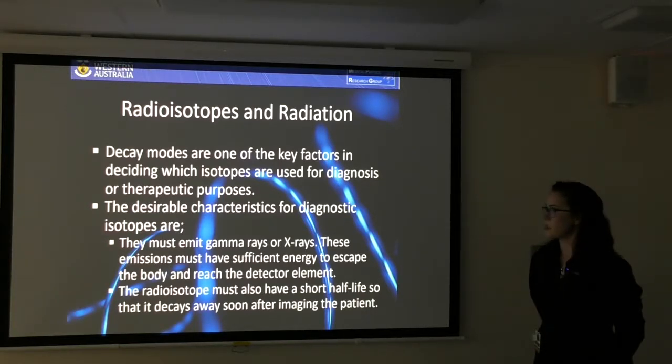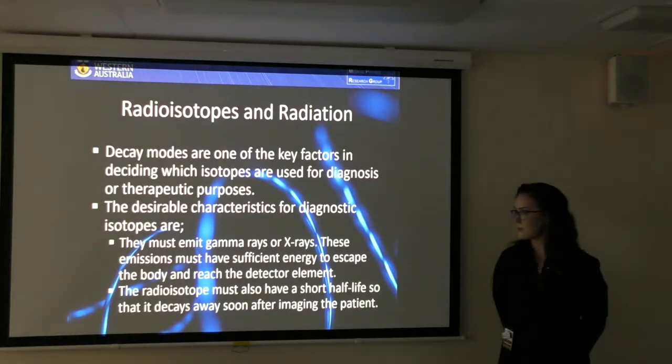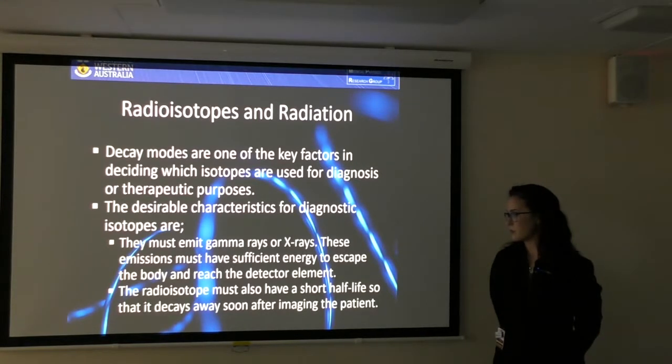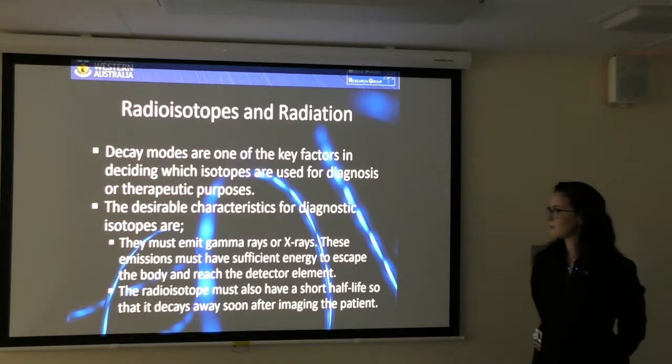The desirable characteristics for a diagnostic isotope are that they must emit gamma rays or X-rays, and these emissions must have sufficient energy in order to escape the body and reach the detector elements. The radioisotope must also have a short half-life so that it decays soon after imaging the patient.